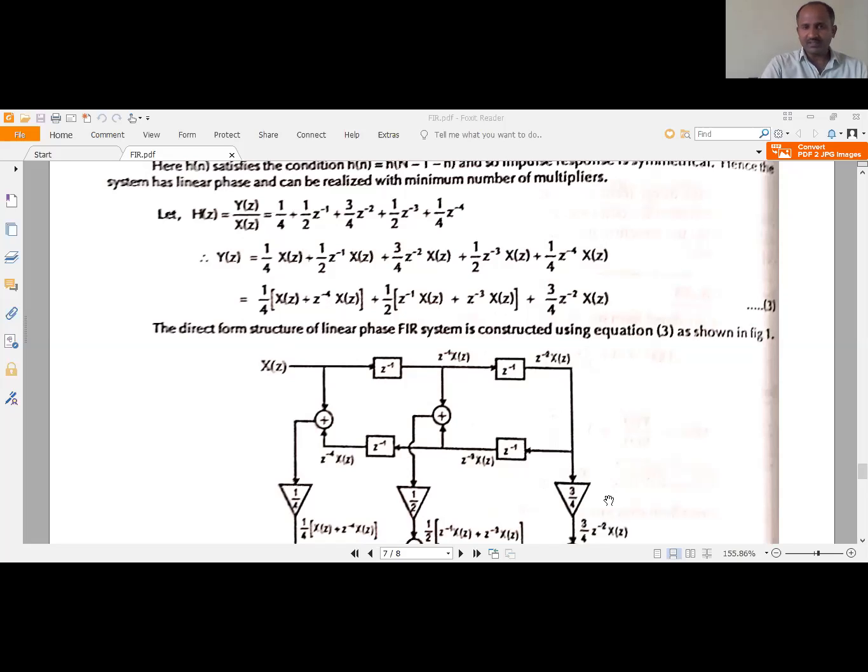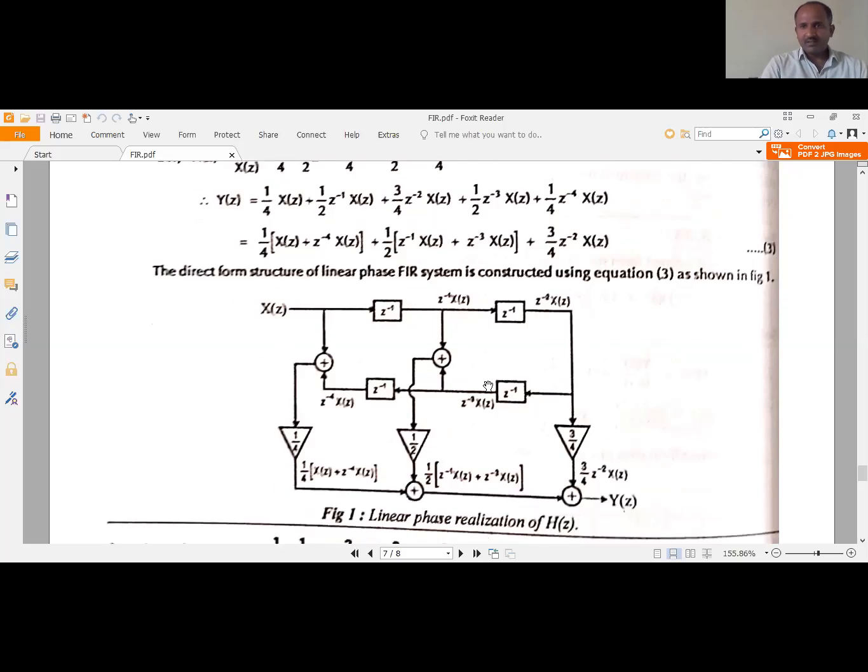Looking at this structure, this value will be the output of this multiplier.